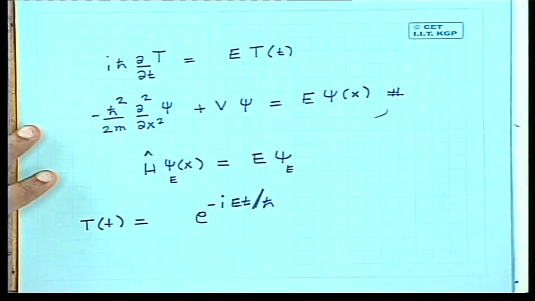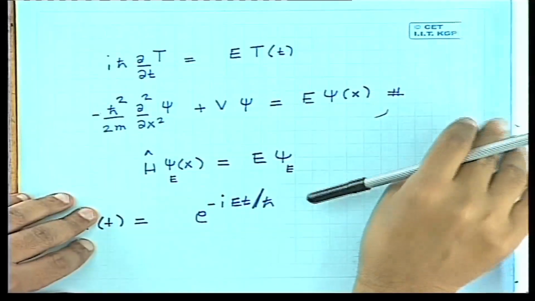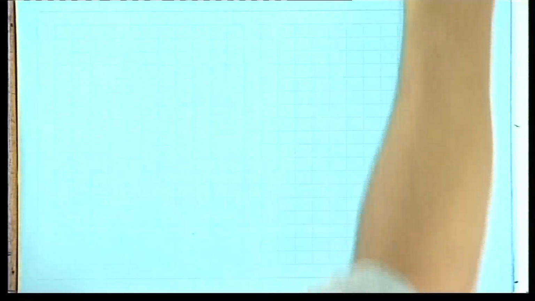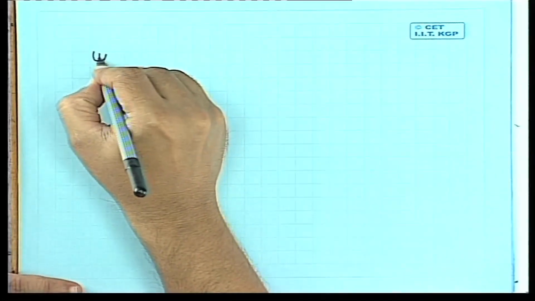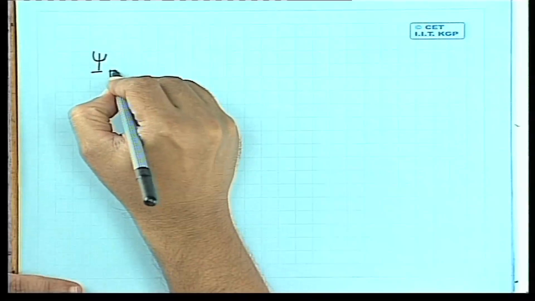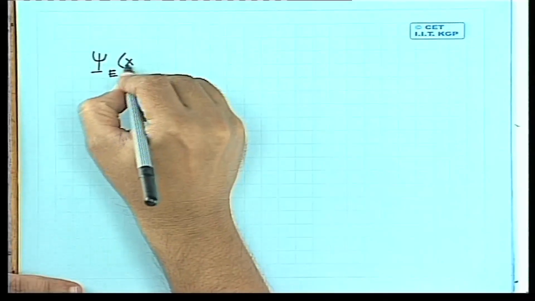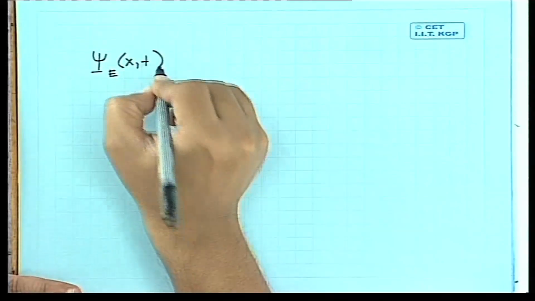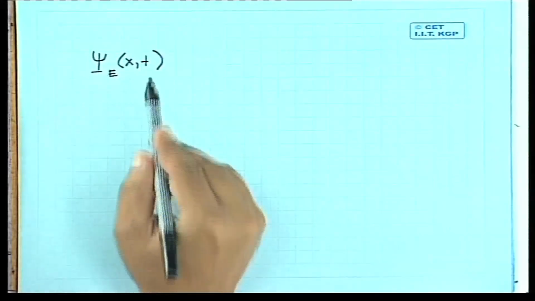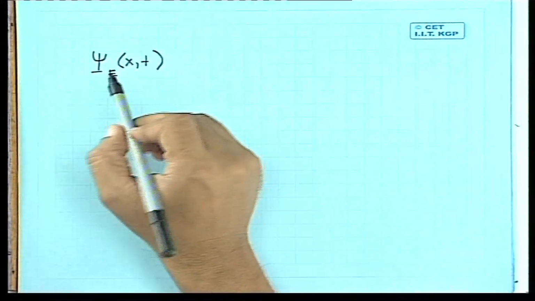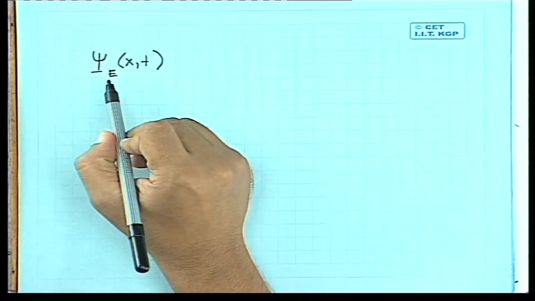Now, let me recapitulate what we have got. We have obtained solutions: the full time dependent Schrodinger equation has got solutions corresponding to some fixed values of energy.